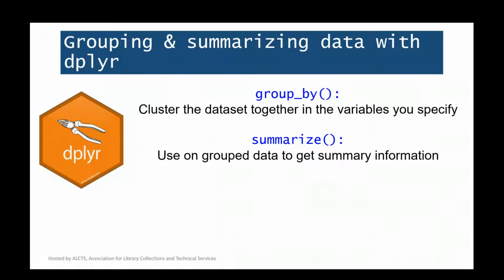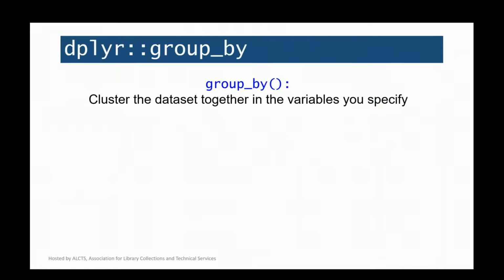We introduced several dplyr functions last time. These are 2 more, group by and summarize. What group by does is cluster the data set together by the variables that you specify. For example, I can create a new data frame by LC, and I'm grouping my ebooks data by LC class.